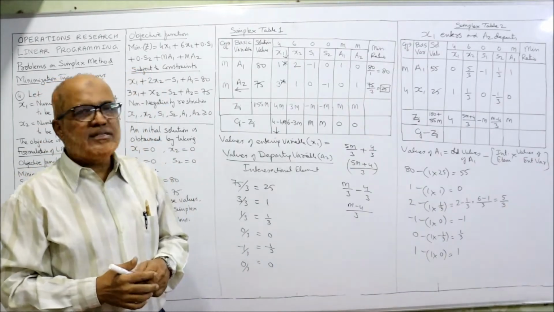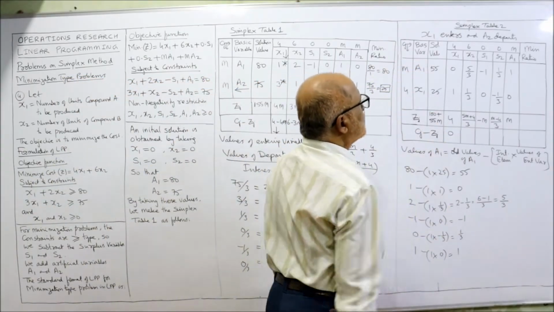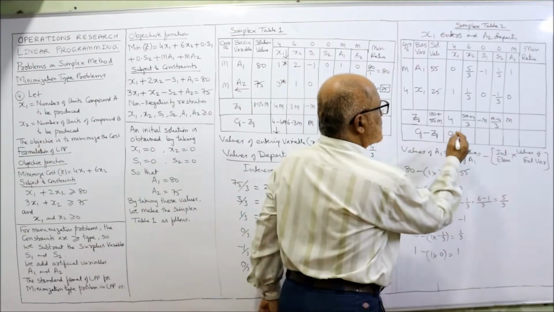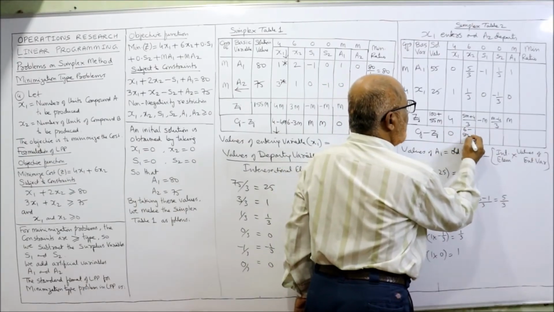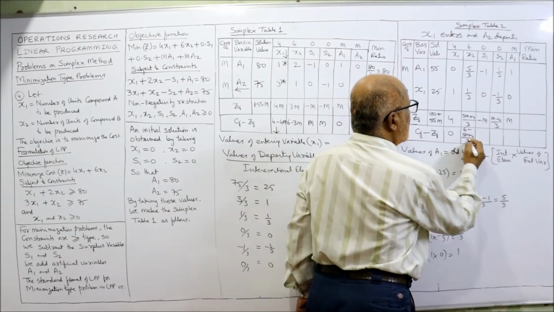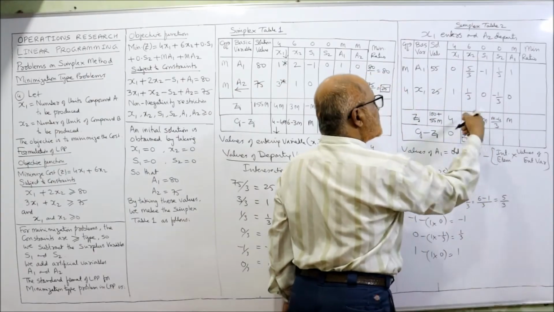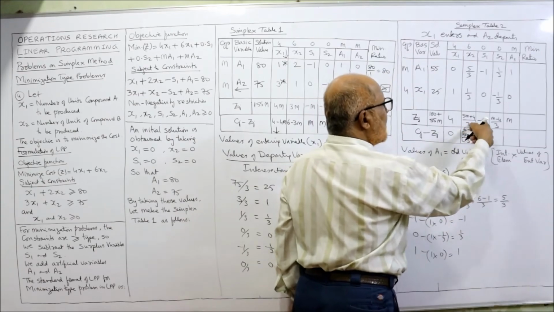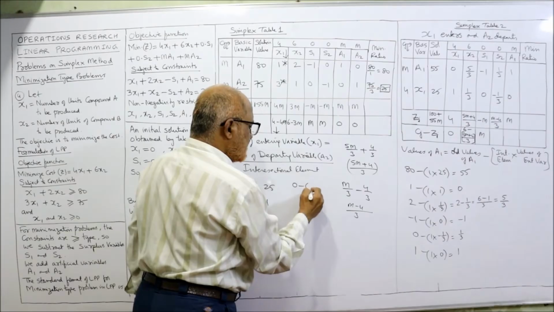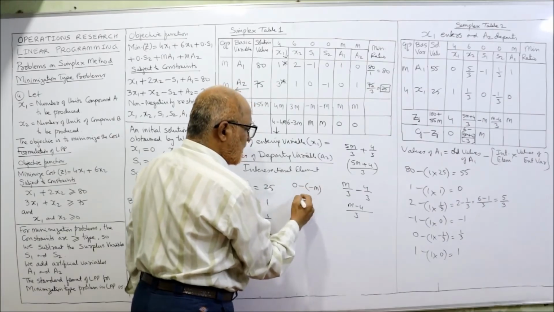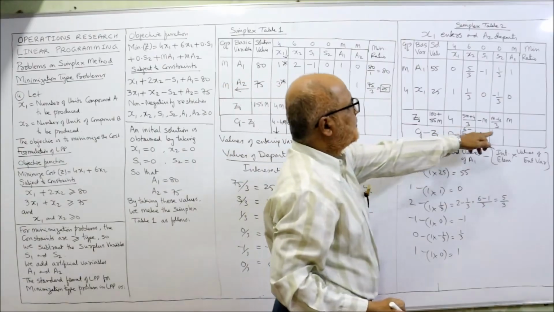Now Cj minus Zj. So here 4 minus 4, 0. Then 6 minus, simply write down 6 minus 5m plus 4 divided by 3. Here 0 minus into minus m. So 0 minus minus m will become plus m, because minus into minus will become plus. 0 plus m is m.